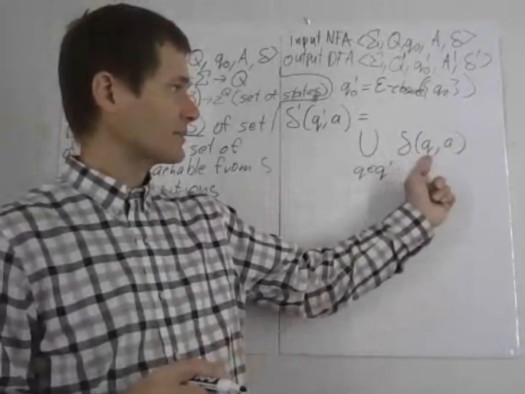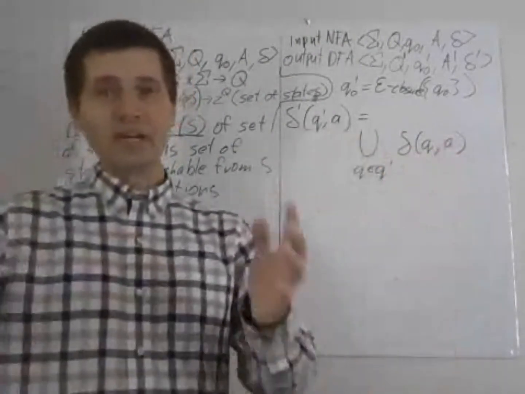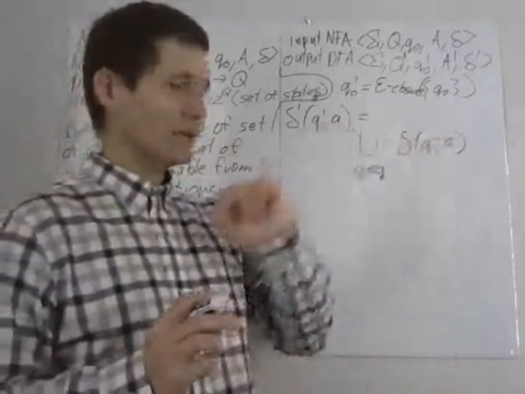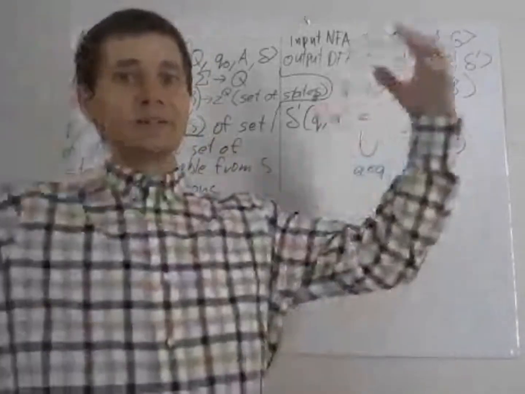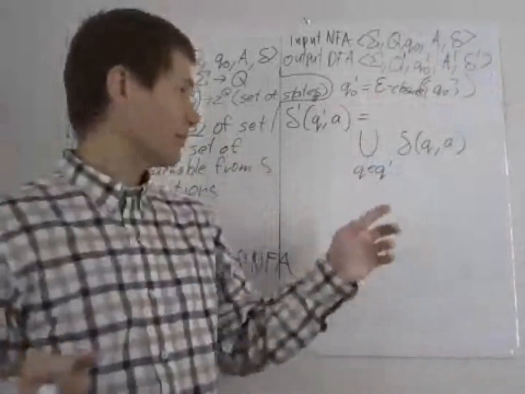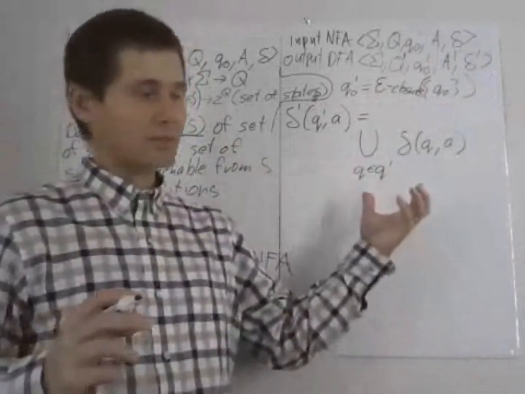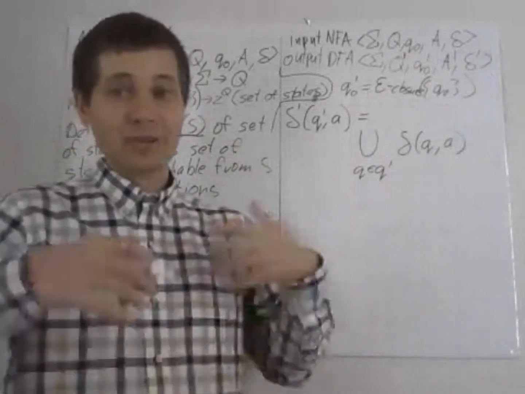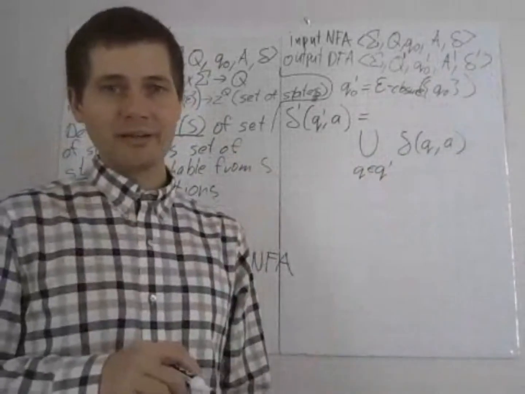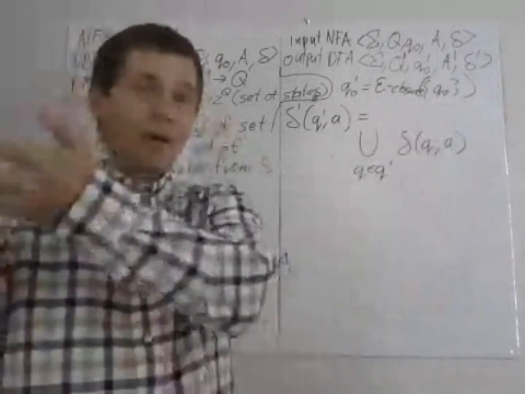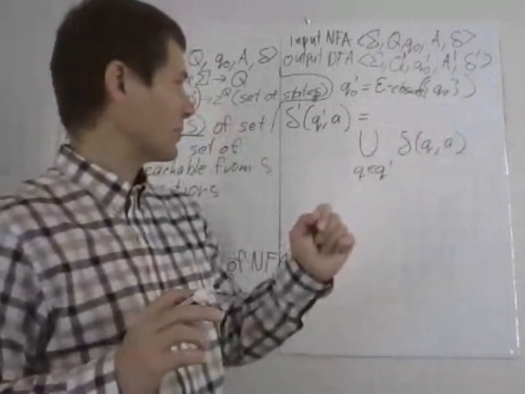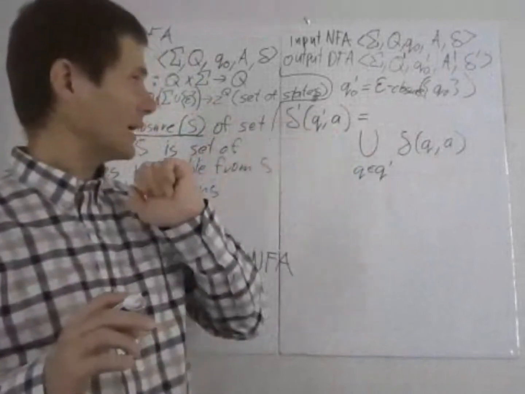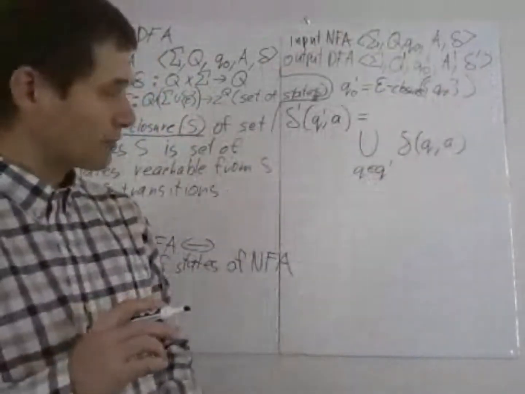For each one, I'm going to ask the transition function, give me the set of states that the NFA would go to from that state Q on input symbol A. And then I'm going to take the union of those over all of the possible Qs, all of the possible initial states that the NFA could be going from on the symbol A. Okay, so this is going to give me a big set of all the states that the NFA could now be in. And so that's going to be the state in my DFA that I will get to.